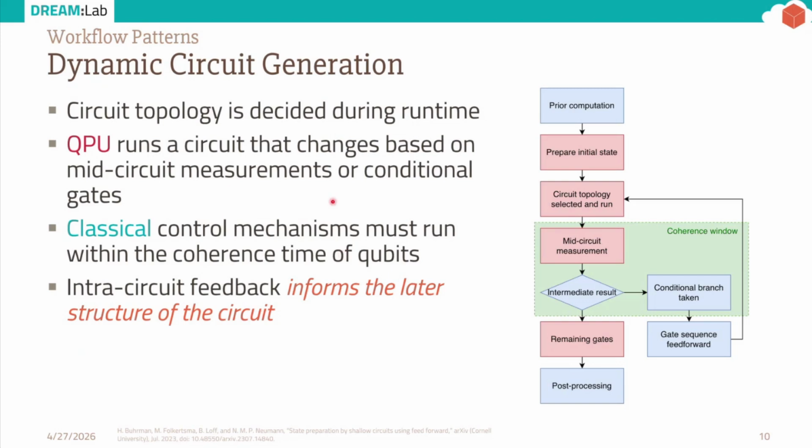So one of these is dynamic circuit generation. Here, the idea is that you start running a circuit, you do mid-circuit measurements, and then you decide whether you want to change the characteristics of the circuit, right? In that case, you modify the circuit, change its structure, and keep doing that.